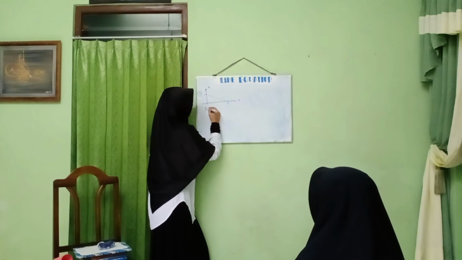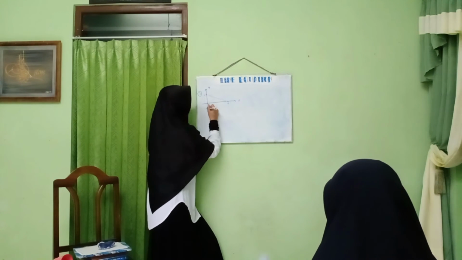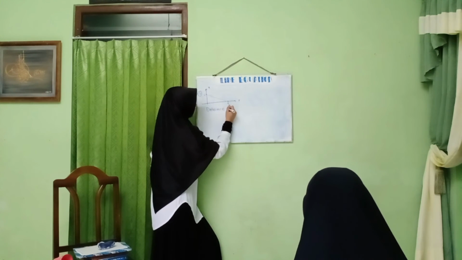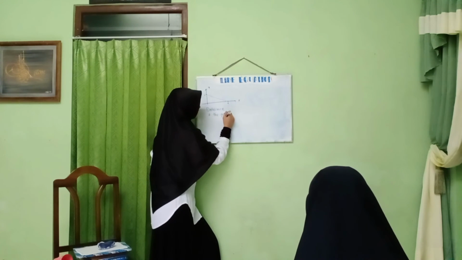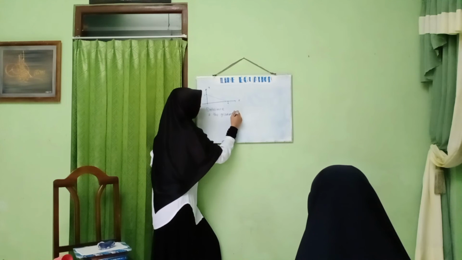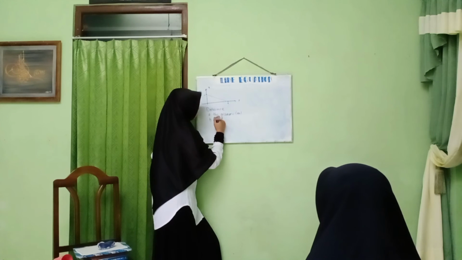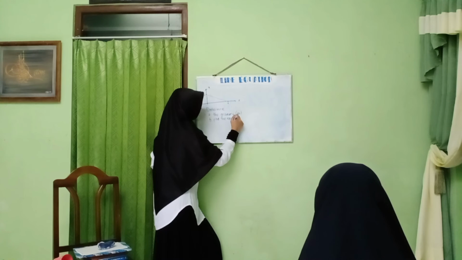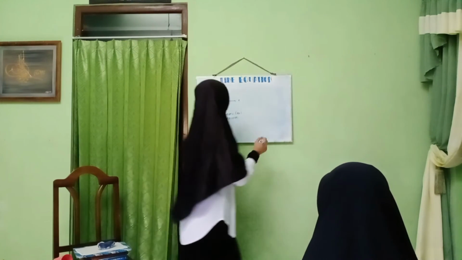The first question: determine A, the gradient for M. B, find the equation of the line.